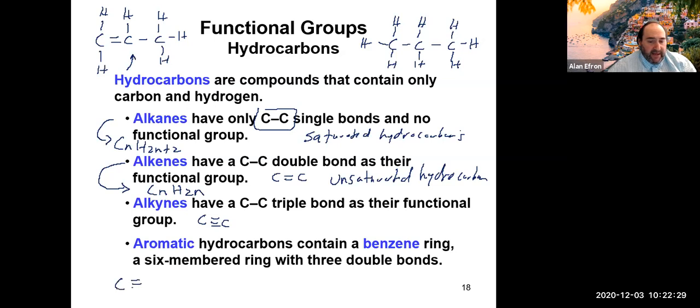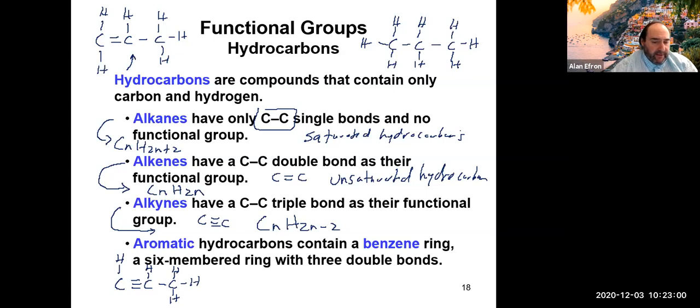If we made that guy a triple bond, we end up with something like this. And again, to put that triple bond on, we have essentially lost two more hydrogens. Essentially every time you put on another bond, you're going to lose a couple of hydrogens. And that means that our alkynes have a general form of CnH2n-2 because of that.